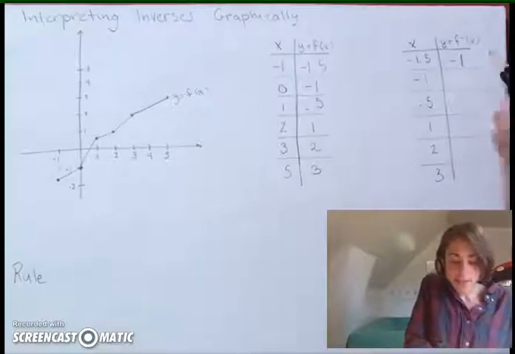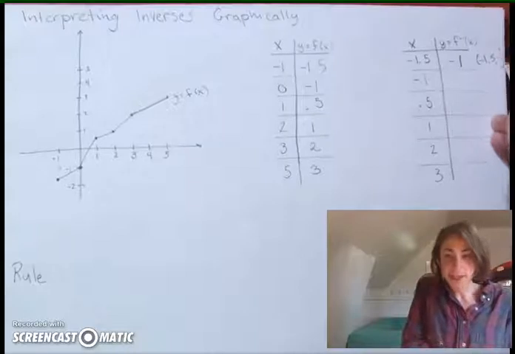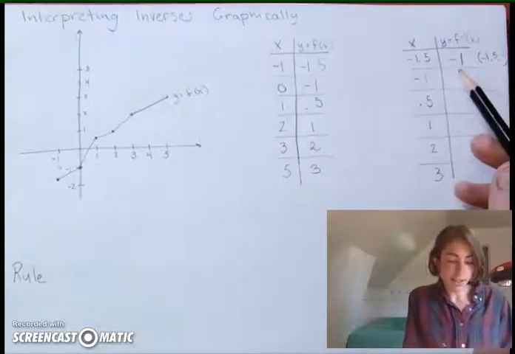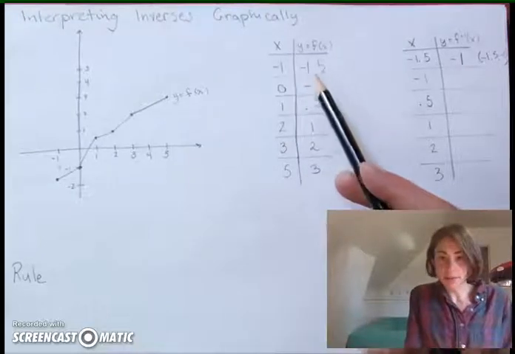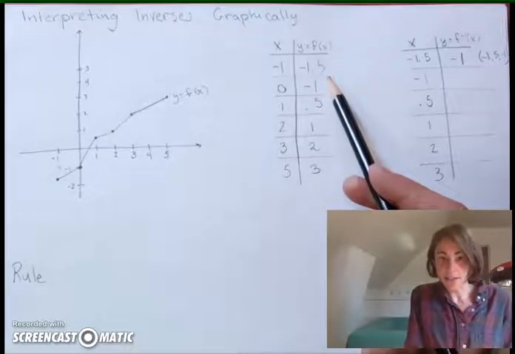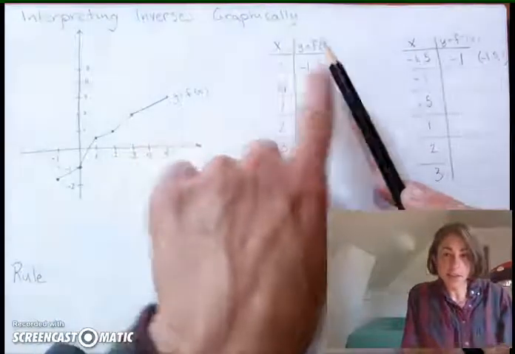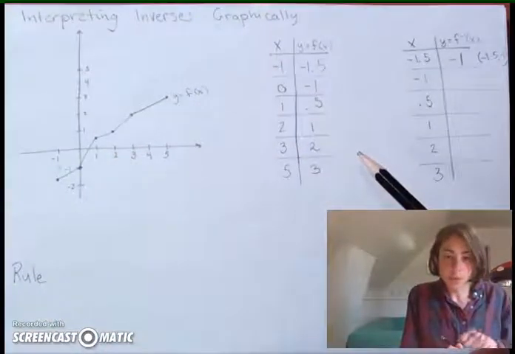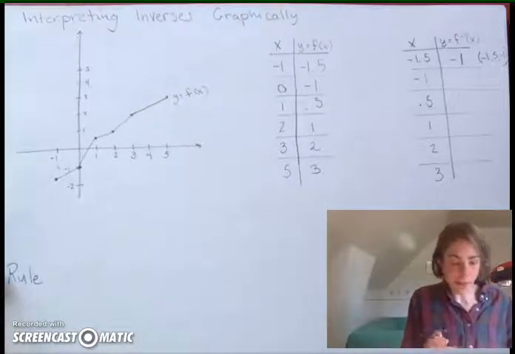So we could say that -1.5 comma -1 is on the graph of the inverse, just like -1 comma -1.5 was on the graph of the function itself. So notice we're just switching x and y like we did when we were coming up with inverses algebraically. We switched the role of x and y.